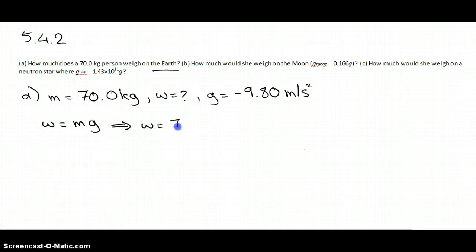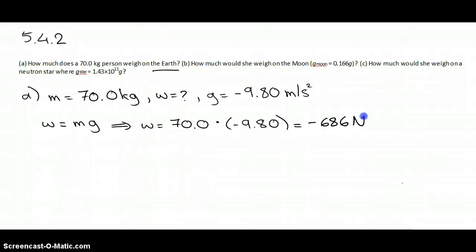W is equal to 70 multiplied by negative 9.8. I use my calculator to find the answer, and I find it to be negative 686 newtons.